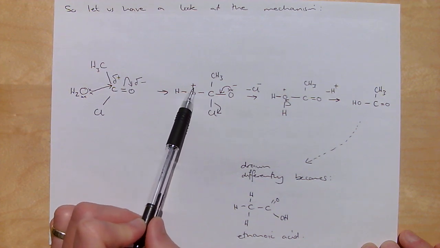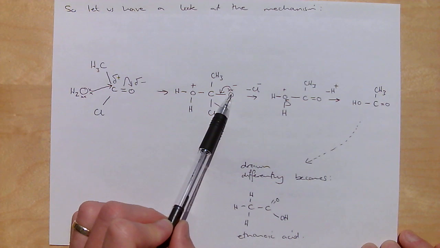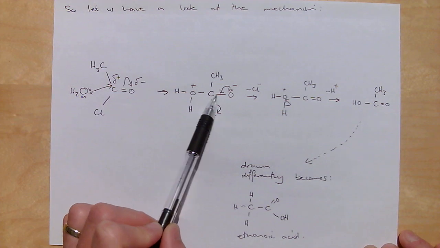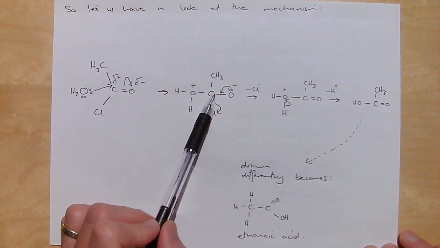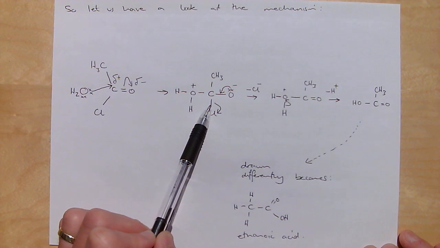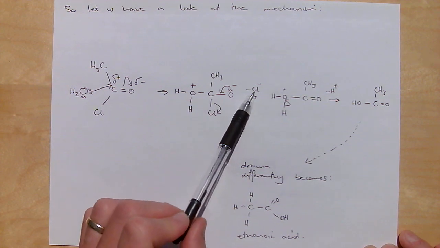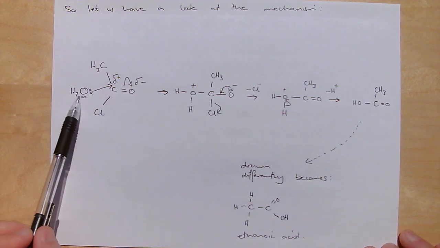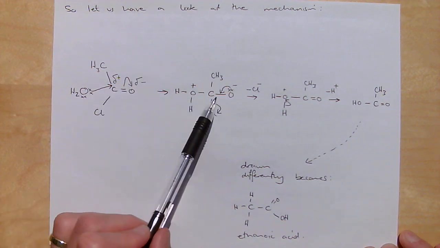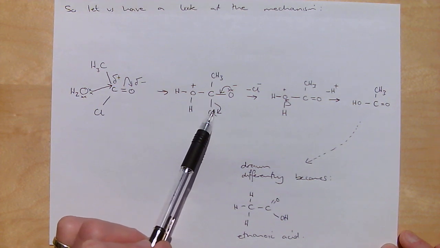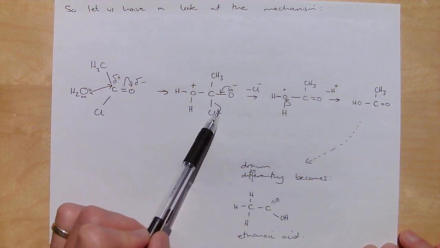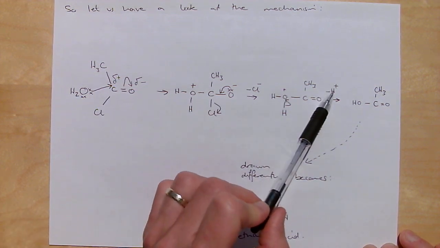When that electron density gets to around this region it starts to repel the electrons there, and it weakens that bond and causes the Cl to fall off. It causes the Cl to be eliminated. So this is my nucleophile being added onto that carbon, so nucleophilic addition followed by some elimination, hence the naming of the mechanism. The nucleophile is added onto the carbon and then we eliminate the Cl minus, followed by some H plus.